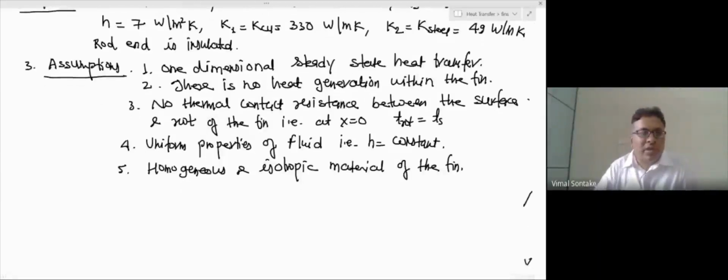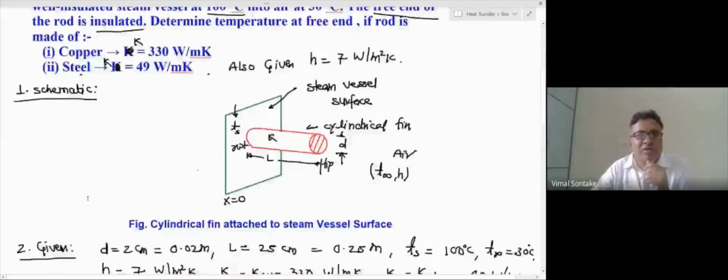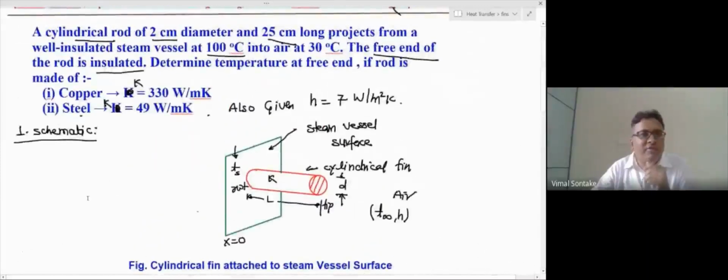After enlisting all the assumptions, let us enlist what is to be found out. What you are supposed to find out actually, what the problem is saying, the free end of the rod is insulated. Determine temperature at free end if the rod is made of.